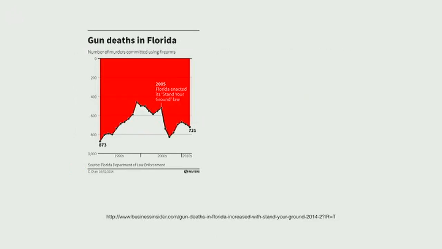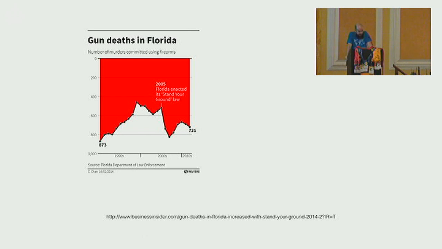A different type of visualization and another kind of a hot topic for politics in the US, gun violence. A few years back, in 2005, in the state of Florida, they introduced a law that it's called the Stand Your Ground law.